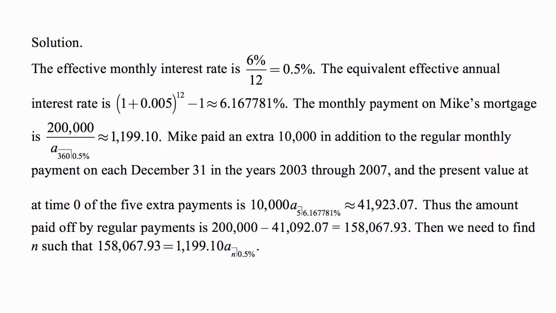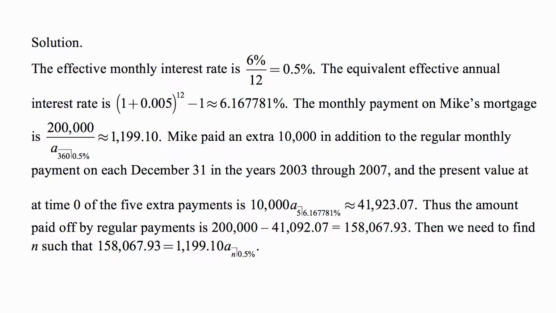So here's the solution. The effective monthly interest rate is 6% divided by 12, because this is 6% nominal annual compounded monthly. So 6% divided by 12 is 0.5% per month. The equivalent effective annual interest rate is 1 plus this monthly rate to the 12th minus 1, and that's approximately 6.167781%.